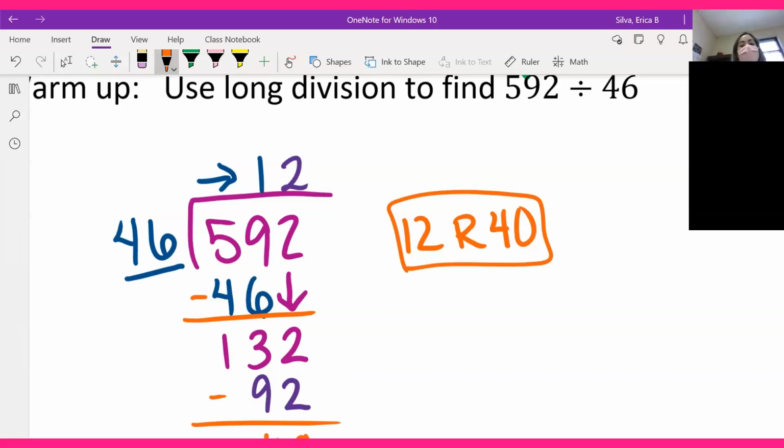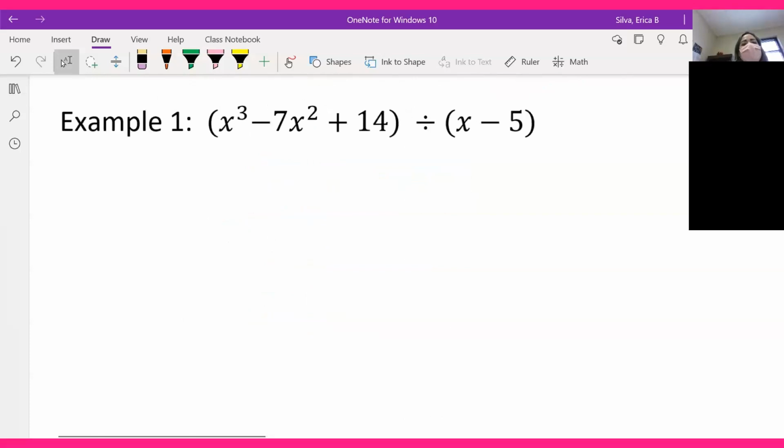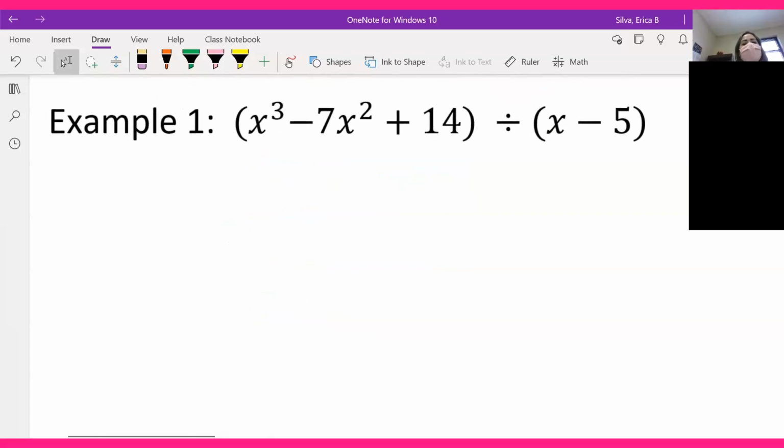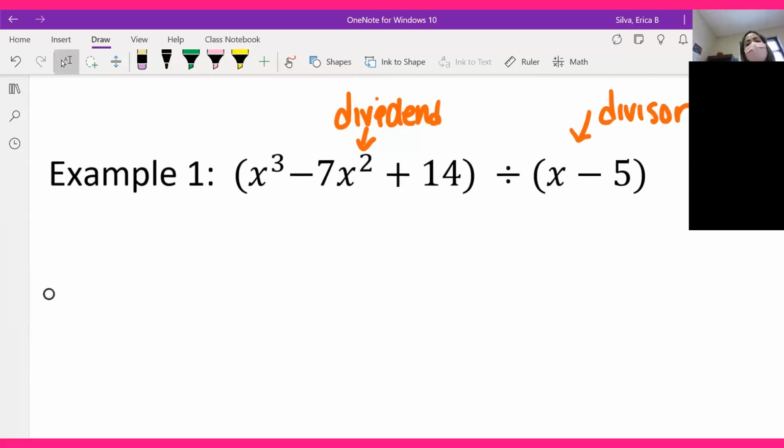All right, so now we're going to use that same process with this example. So go ahead and write it down. Remember the first number stated is your dividend, which is the number on the inside. And this one is your divisor, the number on the outside.